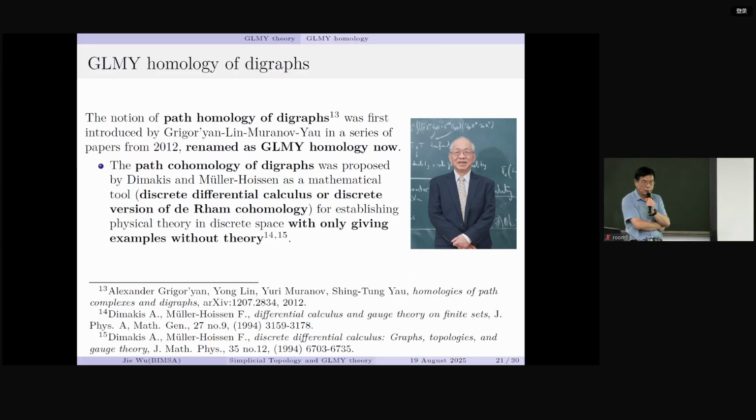And one approach tried to make a discrete version of de Rham cohomology. But as usual, physicists may have very smart ideas, but they may not produce a solid mathematical theory. So in the early work of the 1990s, they may give some examples without theories, until Professor Yau's paper of 88 pages, which fully established the topology theories on digraphs.